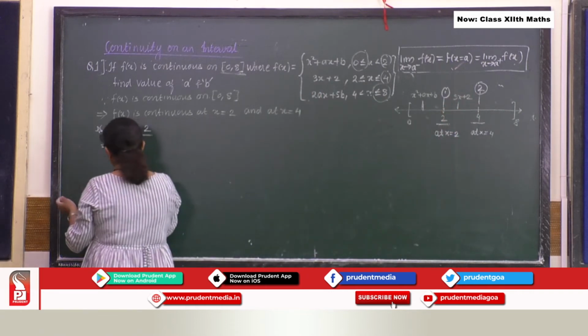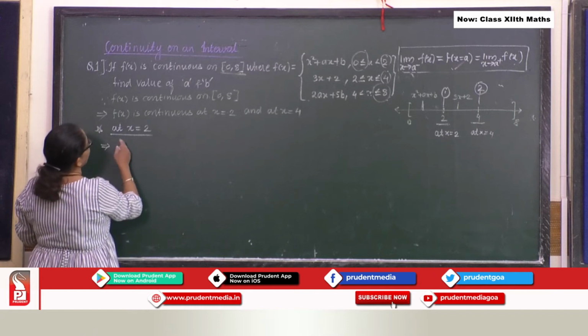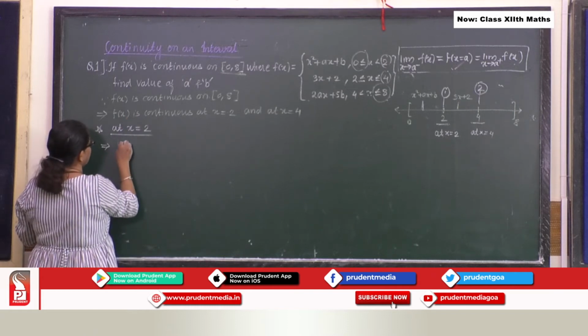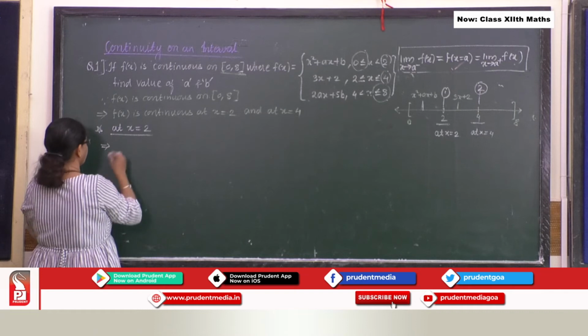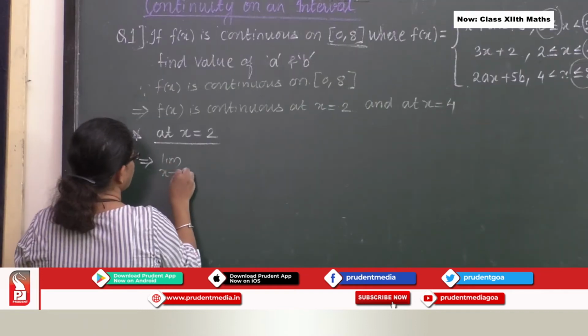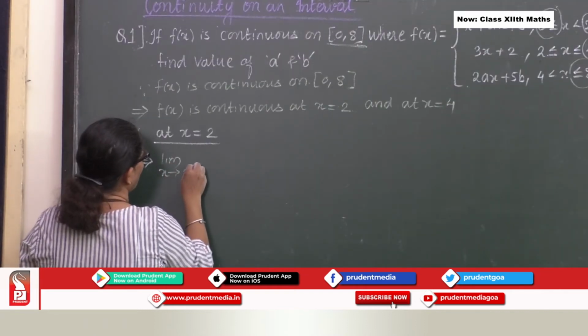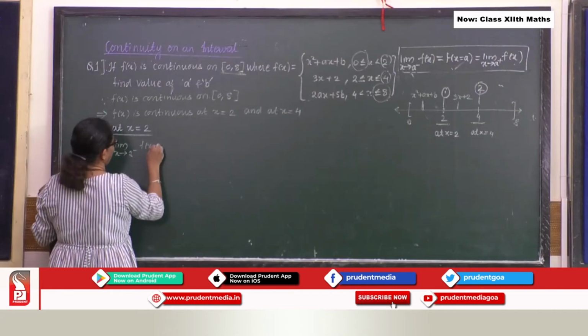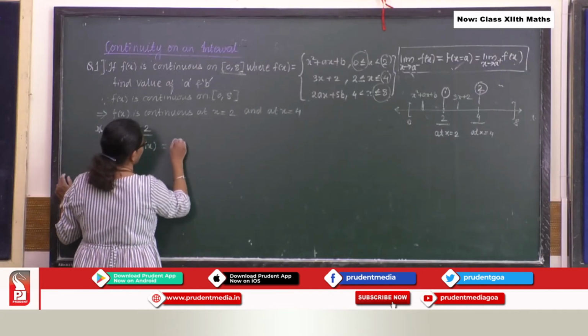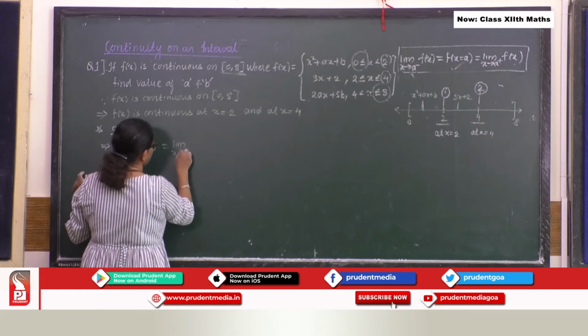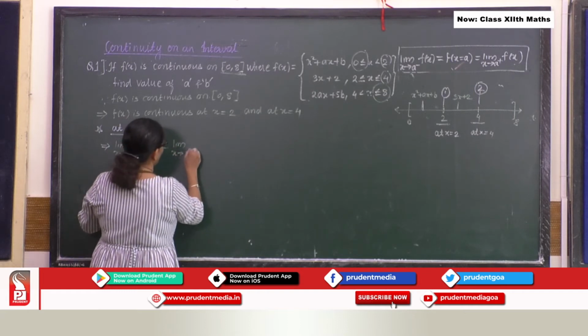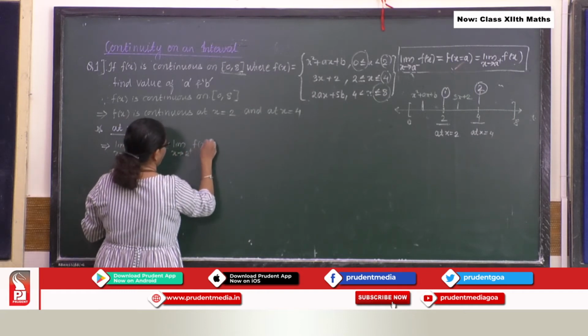So when I proceed further, I say the given function is continuous. So I say here limit x tends to 2 minus f of x is equal to limit x tends to 2 plus f of x.